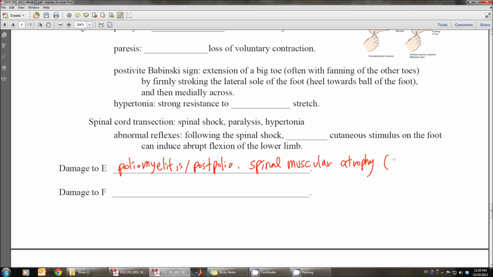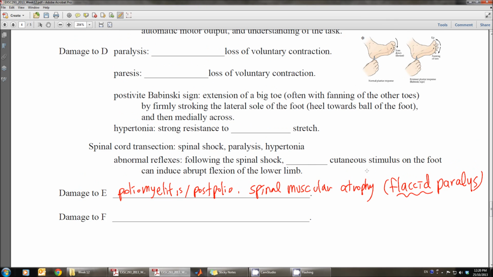So you can write here flaccid paralysis, as opposed to spastic paralysis, which is often seen in the upper motor neuron lesion, so damage to D. So damage to D, spastic paralysis, whereas the lower motor neuron lesion is characterized by flaccid paralysis.